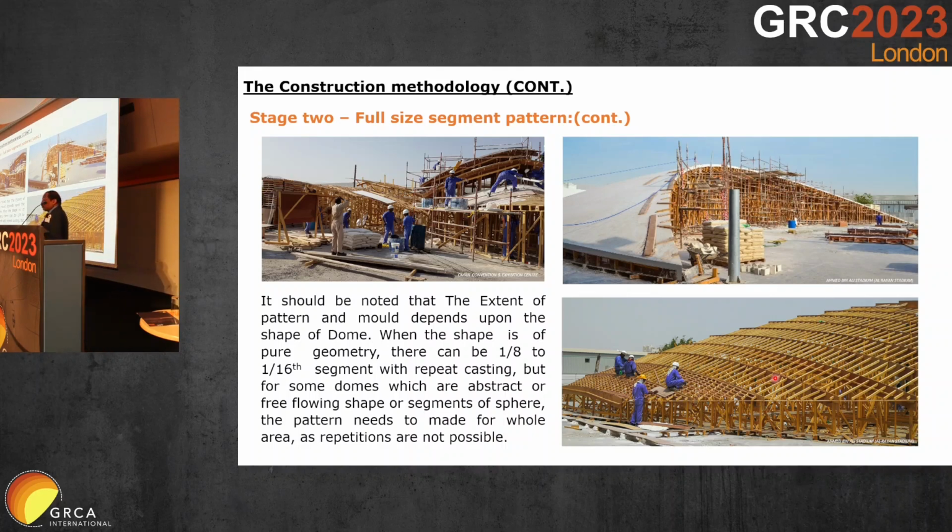Here, because it was a completely free-flowing shape, practically you have to do a full mold. So what we did was a direct negative mold, and we did the casting on top of that, directly sprayed over. So this was a full mold.